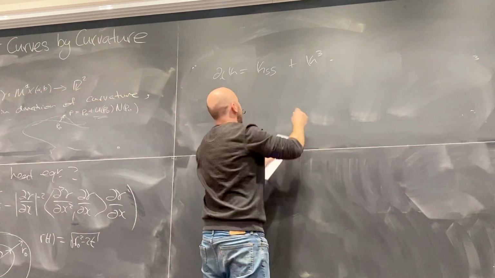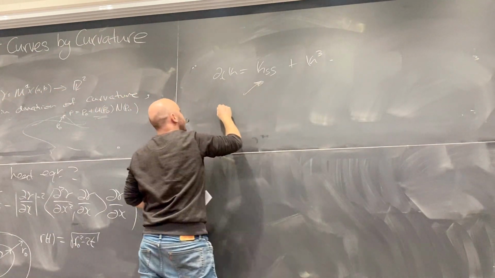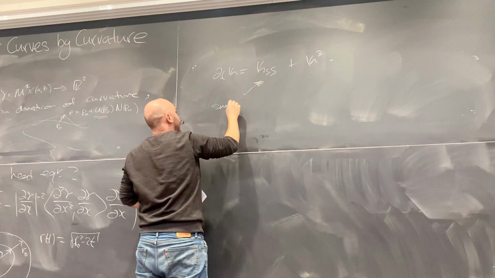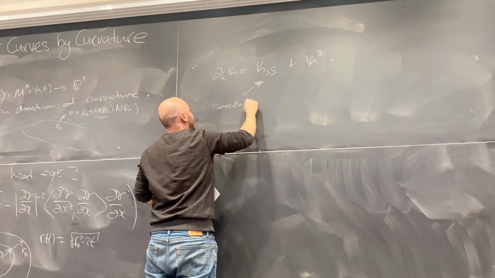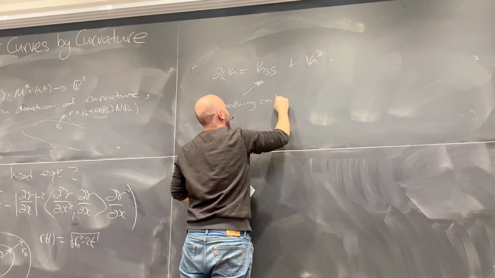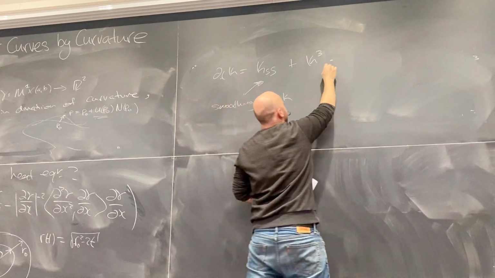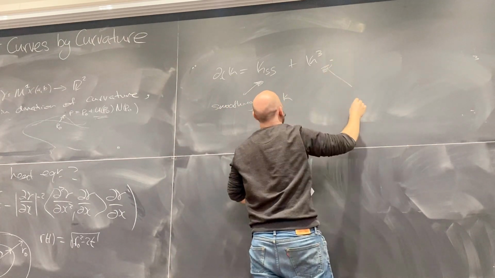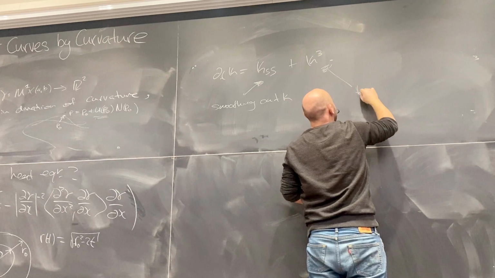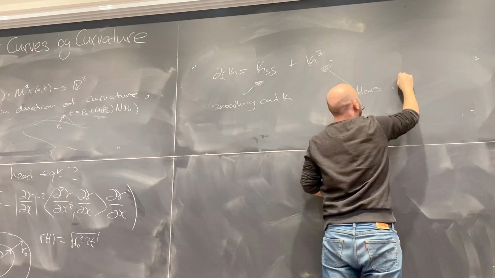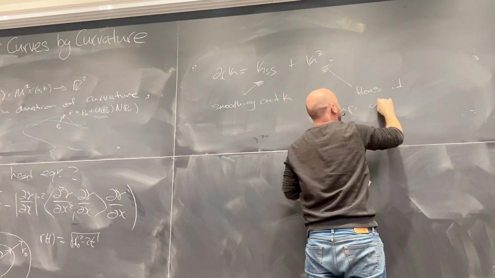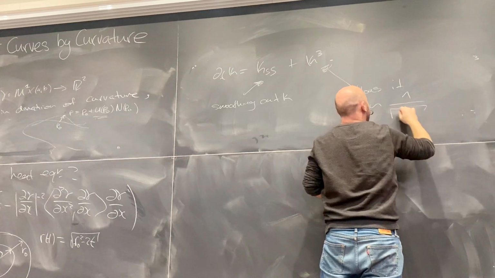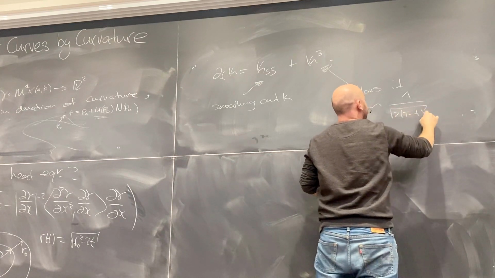This thing is smoothing out kappa, and this thing is trying to make it blow up, like 1 over the square root of 2t minus 2.